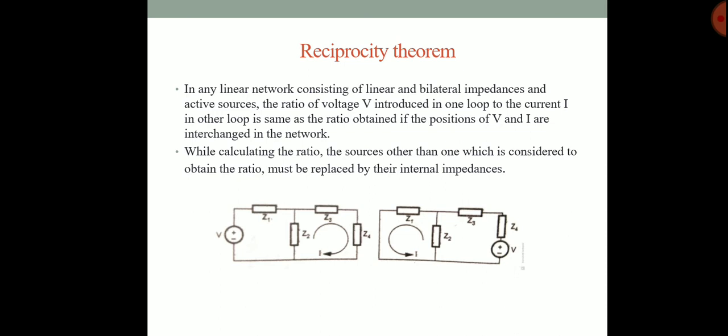In other words, the voltage and current are mutually transferable. The ratio of voltage and current is also called transfer impedance. It is denoted as Z12, where the voltage is in loop 1 and the current is in loop 2, with respect to the source of the independent value.